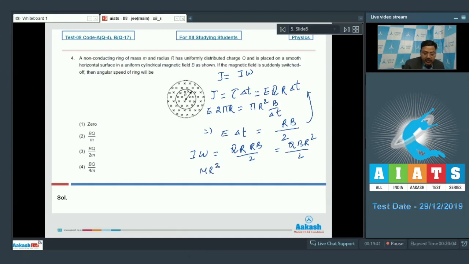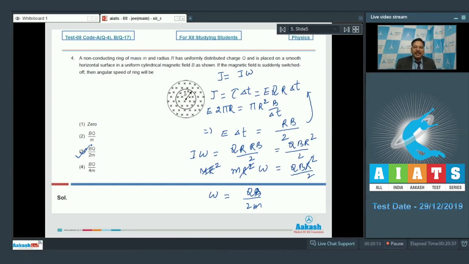So we have mr square into omega equals QBR square by 2. We can strike off this r square, and so the expression for omega is simply then QB by 2m. Let's look at the options. Well, it's matching with option 3. So we can take option 3 to be correct for question 4.